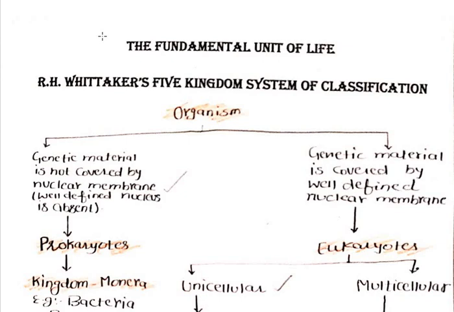Before I start with the topic, first I just want to discuss something. If I talk about biology, the most important thing is to follow the NCERT. Many students make the mistake of following only reference books, which is good, you should follow them, I agree, for the NEET exam, but they don't read the NCERT book throughout the year, especially class 11, which has more chapters than class 12.